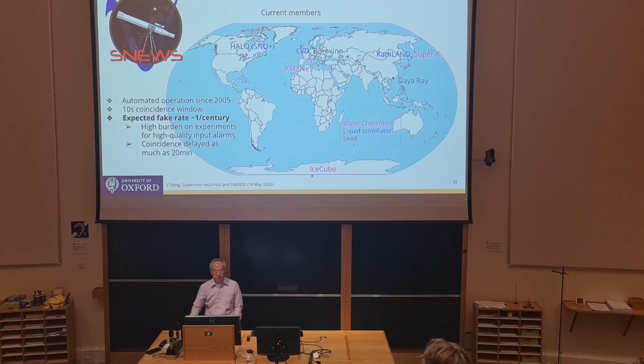But there are more experiments that are coming on. It's been an automated operation since 2005. Basically, if any two neutrino detectors detect a burst within about 10 seconds of each other, that is so rare, with an expected fake rate of 1 per century, they alert the world.